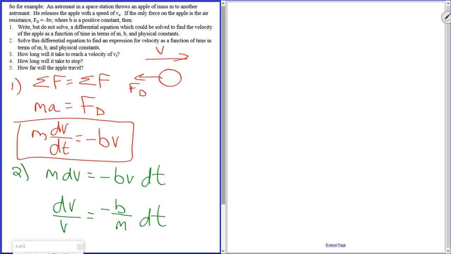You'd have to flip both sides over, and you'd have v over dv on this side, and over here you'd have, what, negative m over b dt? But your dv's and dt's would be in the denominator of the fraction, which doesn't make sense for our next step. So let me go one more step, and I think you'll see why. So long story short, you want your dv's and dt's on the top of the fractions. Okay? Everybody good? John, Kyle, you good?